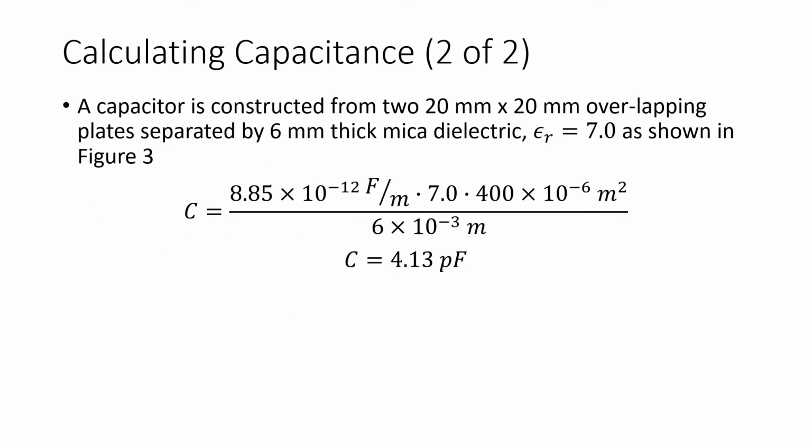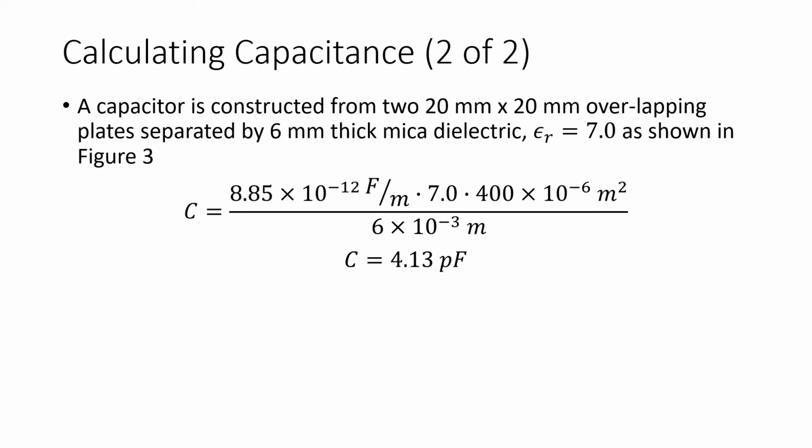So we look at an example problem. We're given that the capacitor shown in figure 3 is constructed from two 20 millimeter by 20 millimeter plates separated by a 6 millimeter thick mica dielectric, which has a relative permittivity value of 7.